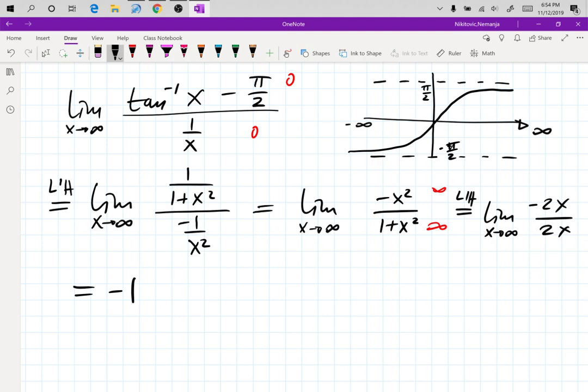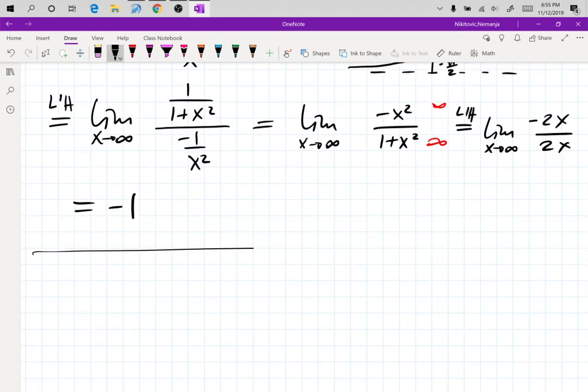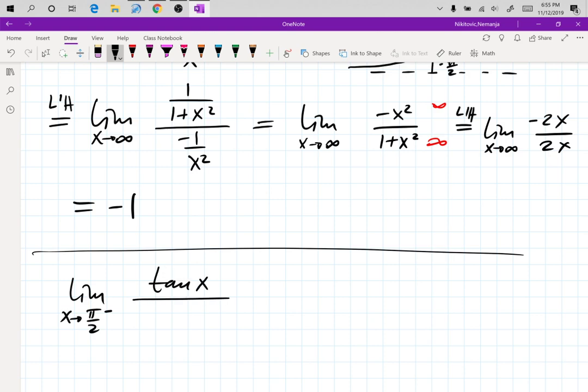Since you did so great with these, let's do another one. Because I know how much you appreciate trig. I don't want to deprive you of that pleasure. So, tangent x divided by 3 over 2x minus pi.